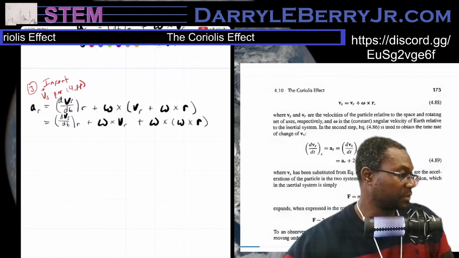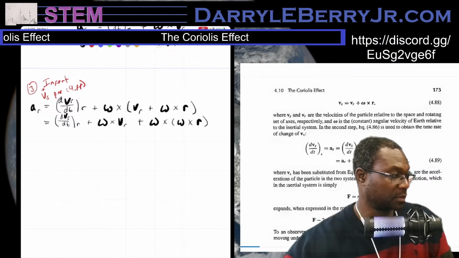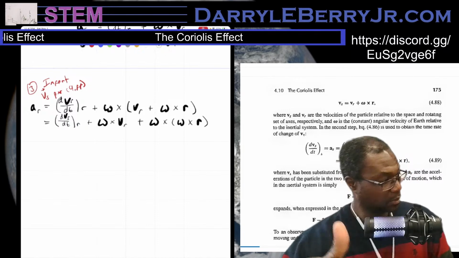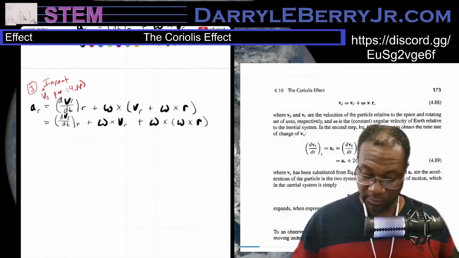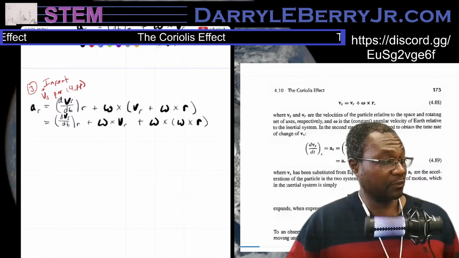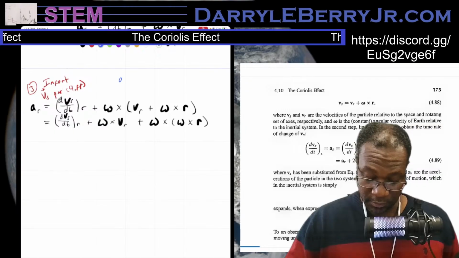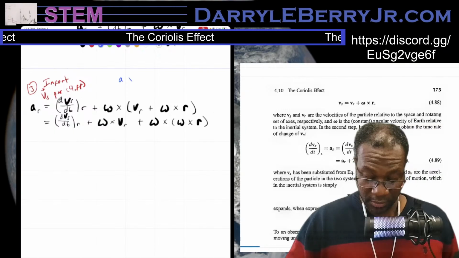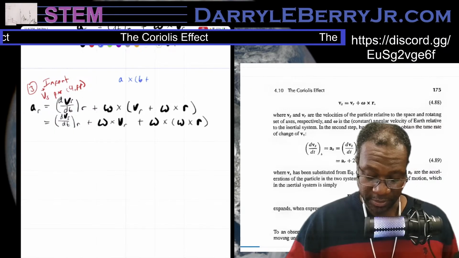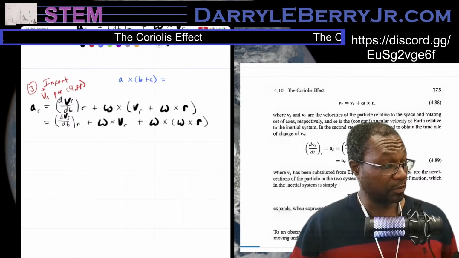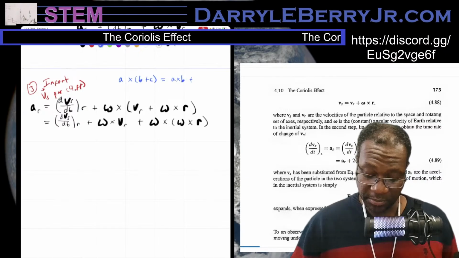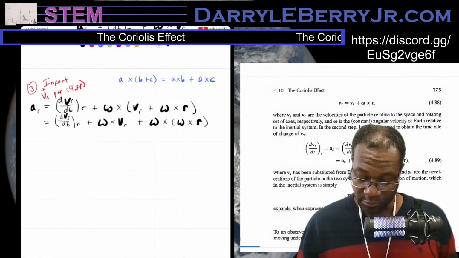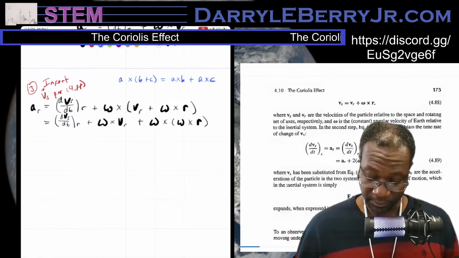Cross product identities. So we have A cross product B plus C equals A cross B plus A cross C. So that's what I did there.